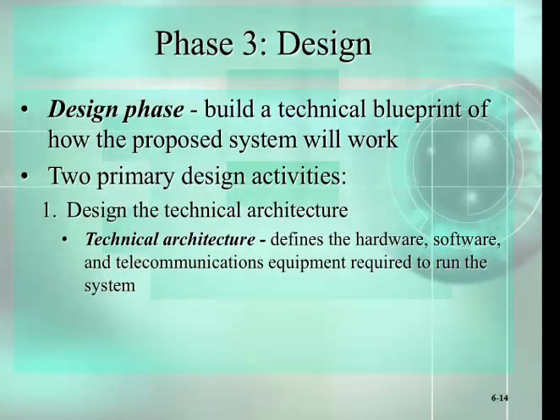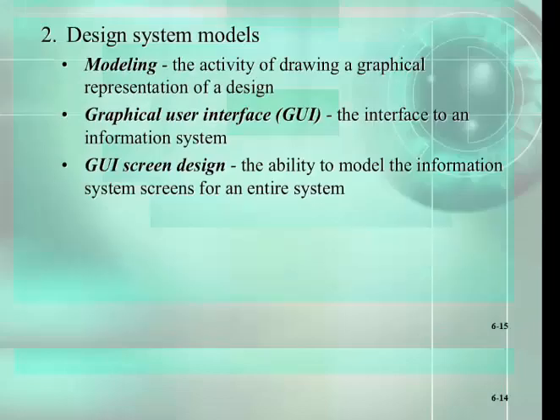The third phase is design. The design phase builds a technical blueprint of how the proposed system will work. There are 2 primary design activities. The first one is to design the technical architecture. Technical architecture defines the hardware, software, and telecommunication equipment required to run the system.